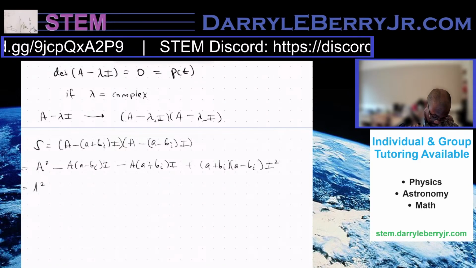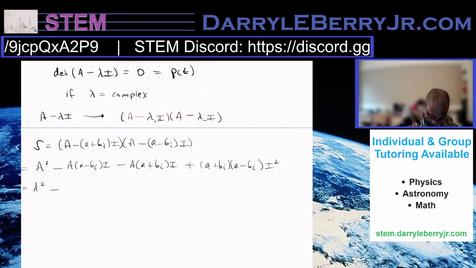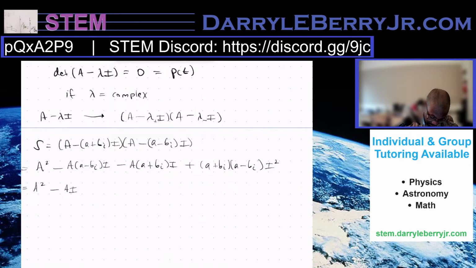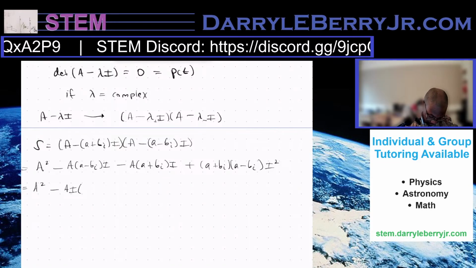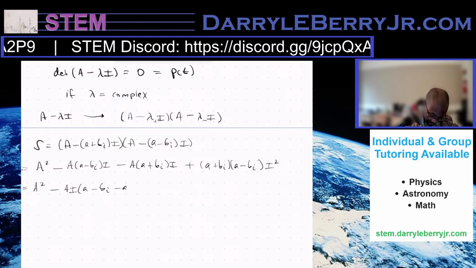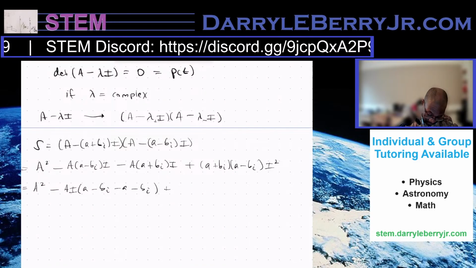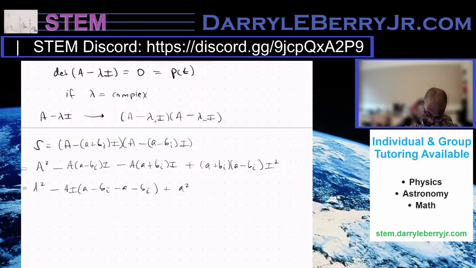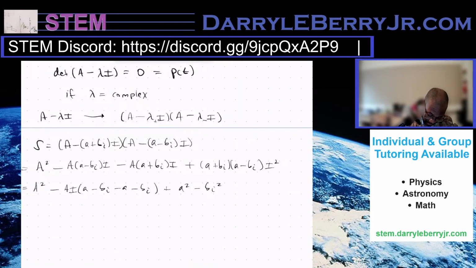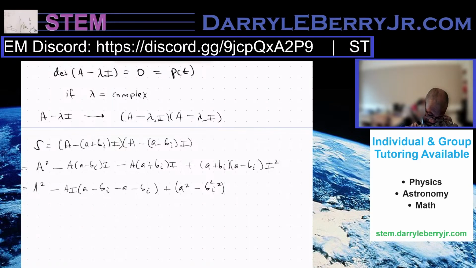So that equals a squared minus a i minus... plus a squared minus b i squared, both of these squared.